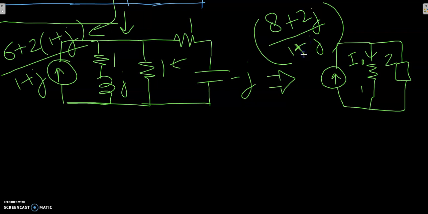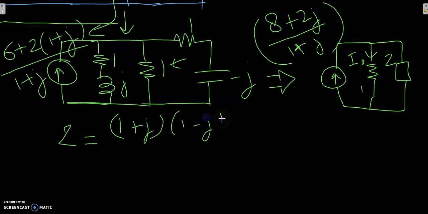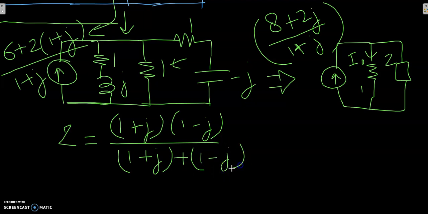So Z here could be written as 1 plus j times 1 minus j divided by 1 plus j plus 1 minus j.